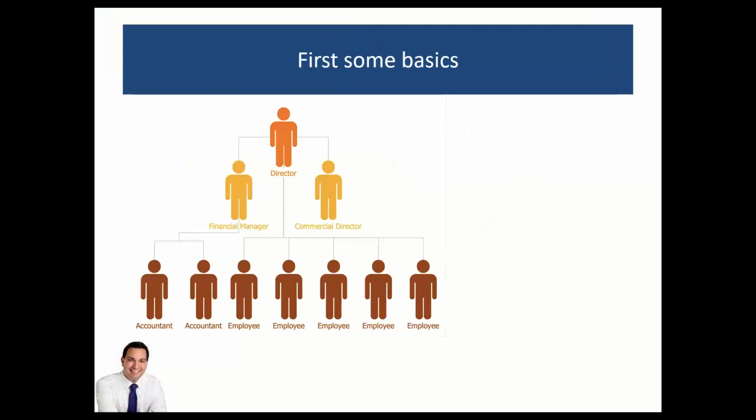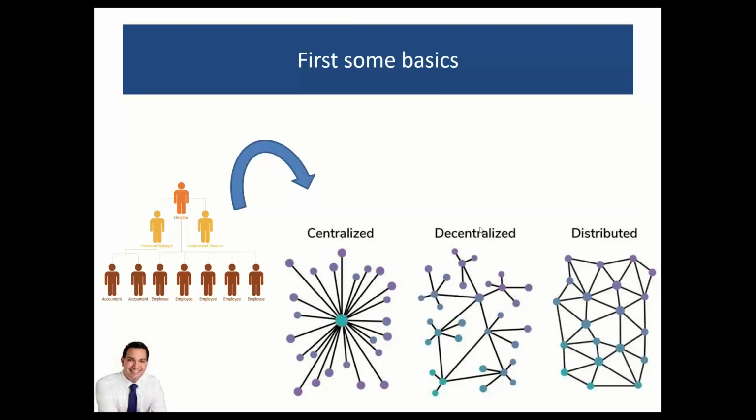So firstly, some basics. Gemba is designed on a person's position. So when you look at this, depending on how your organizational structure is based, you may well have a director or CEO at the top here. You may have some executive level managers, and then each manager may have a number of staff that report to that person. Equally, you might also have different teams that work within your agency.